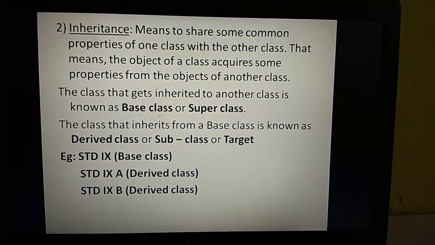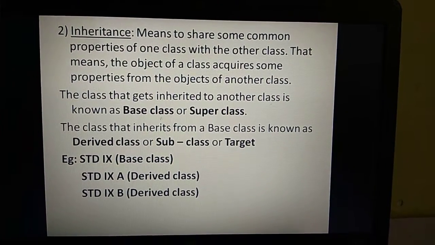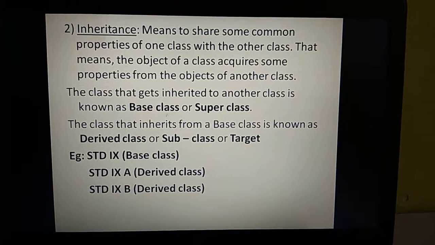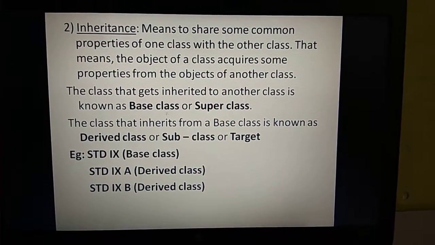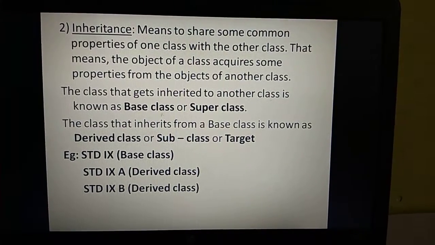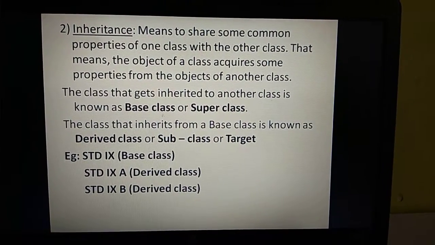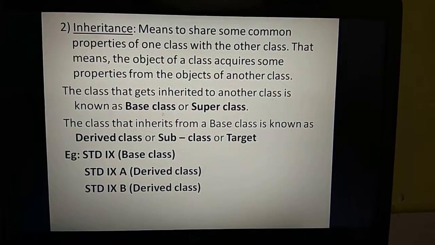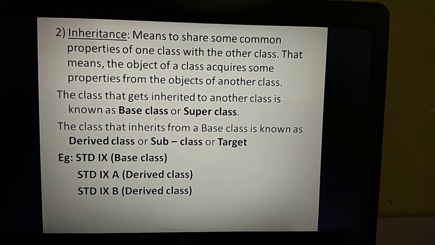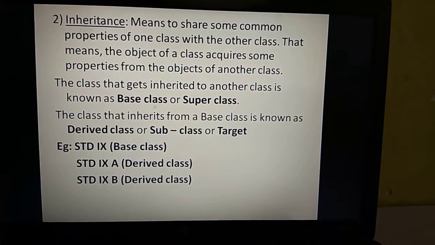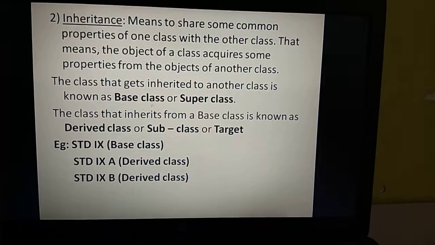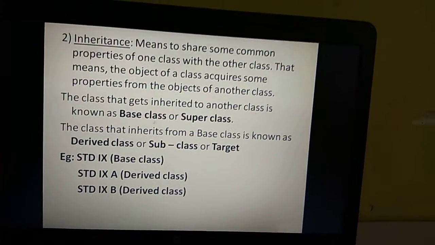For example, you are from standard 9th A students and 9th B students, that means you are from standard 9th, but some common properties are shared among both classes. That may be your books, your teachings, your bags, your uniforms, all are common properties being shared among both the classes.